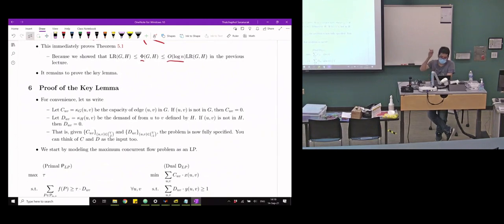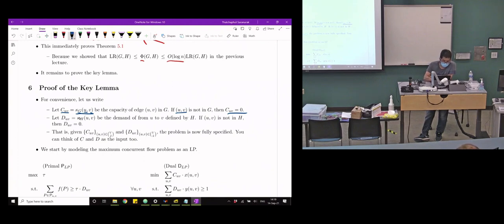And just for notation convenience, let me actually rewrite things a bit. Instead of writing here as a capacity of edge u to v in G, I write it like C for capacity, C_uv. If there is no edge, then the capacity is 0.